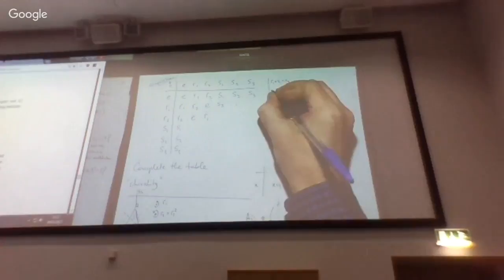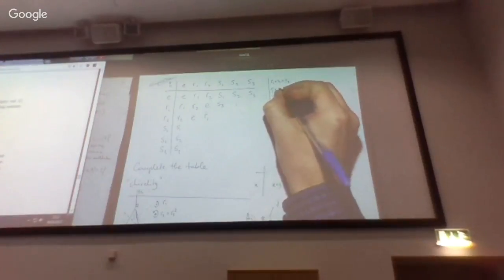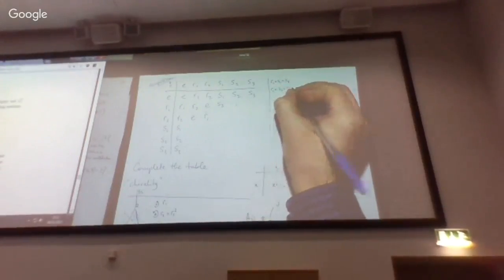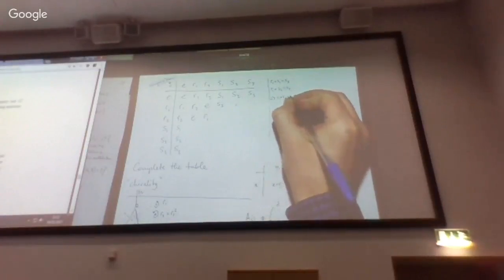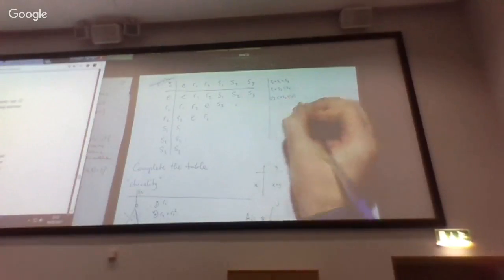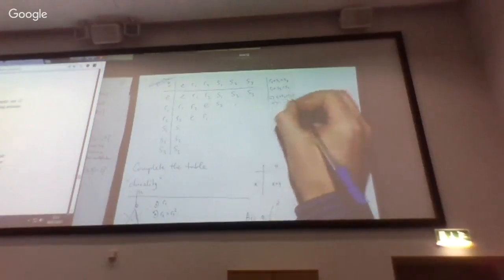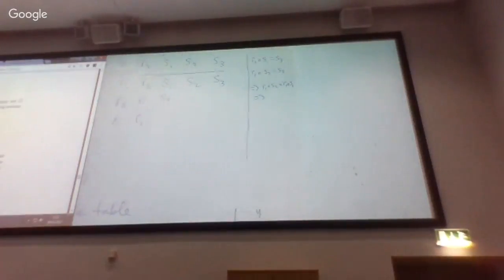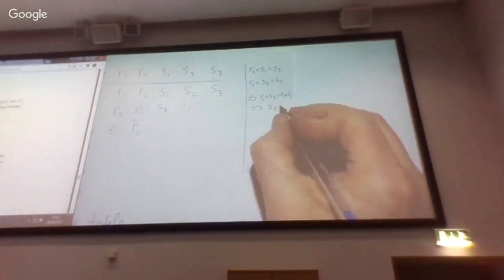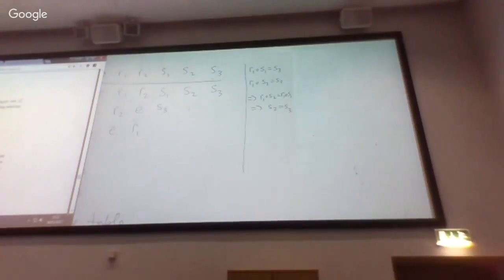It couldn't be the case then that R1 after S2 was also S3, because that would imply that R1 after S2 is equal to R1 after S1. And you can multiply both sides on the left by R1 inverse, to then imply that S2 is equal to S3, which is a contradiction.